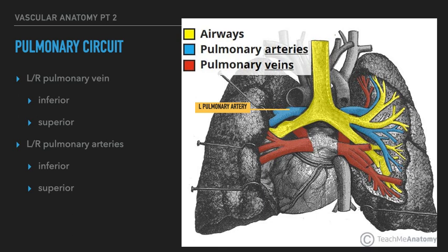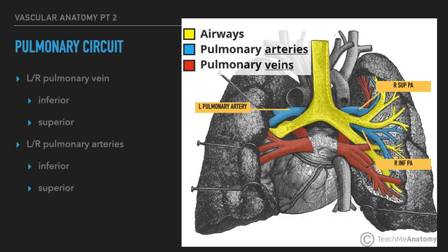I'm just labeling the left one here. I want to note here that although the pulmonary arteries are carrying deoxygenated blood, the blood is traveling away from the heart. So these are arteries. Arteries take blood away from the heart. These are going to further branch, on both sides, into the superior and inferior pulmonary arteries.